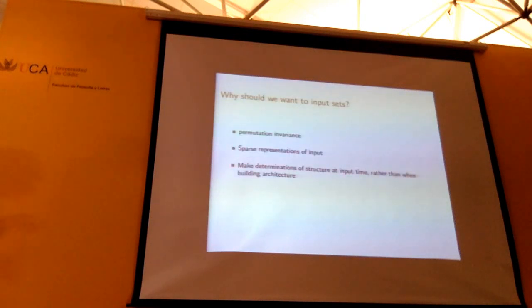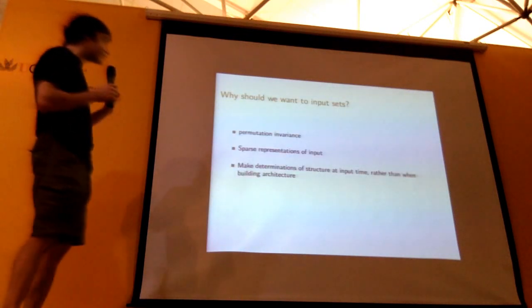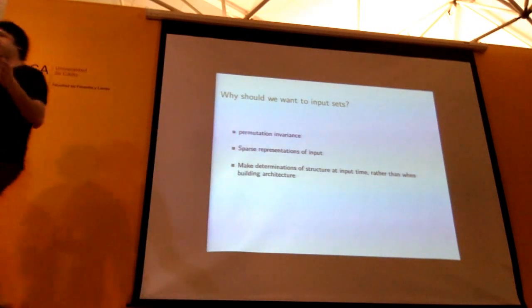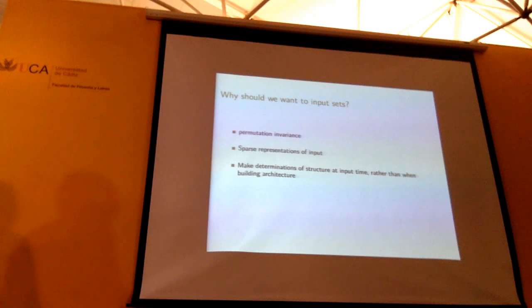So actually sets, just by themselves, do have some structure. They have permutation invariance, and that actually matters. I'll show you, probably not today, but tomorrow or the day after, one thing we've been trying: we want to play a video game. We want to have a bunch of little guys fight a bunch of other little guys in a video game, and we want a controller that controls all the guys.